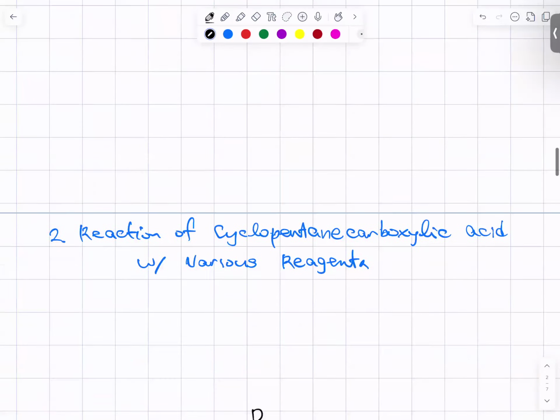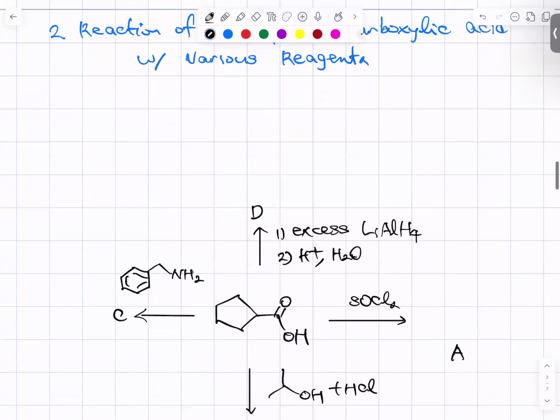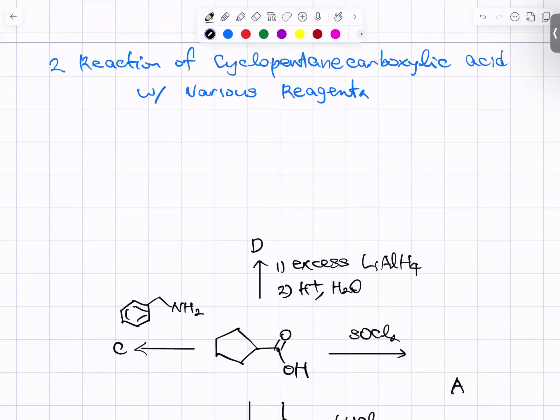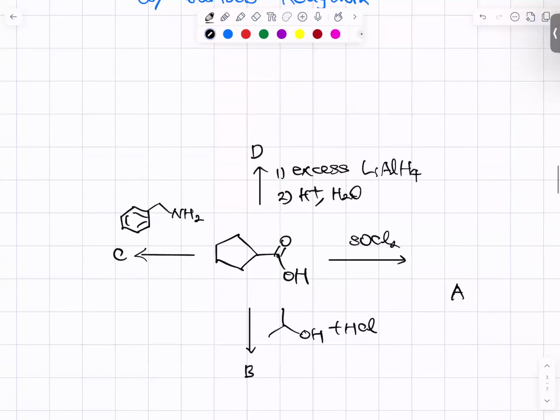Now let's move up to number 2, reaction of cyclopentane carboxylic acid with various reagents. Remember, this carboxylic acid reaction is very important. First, thionyl chloride, and it will form an acid chloride.